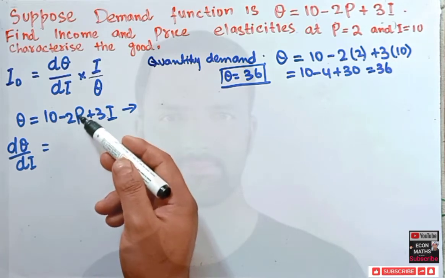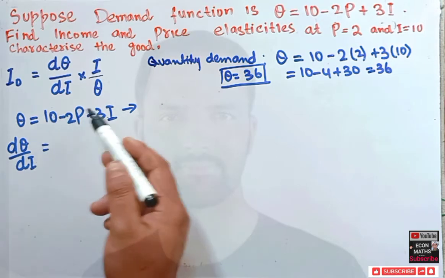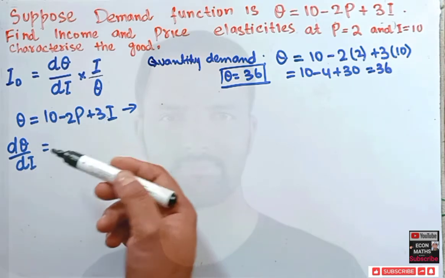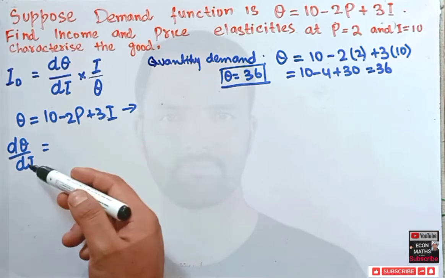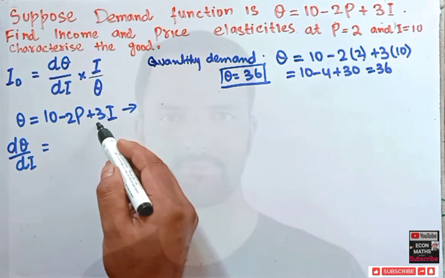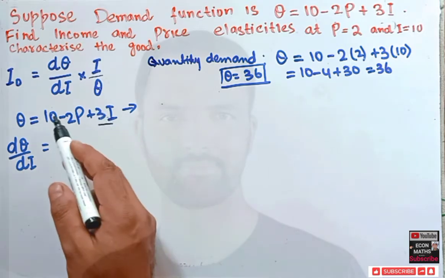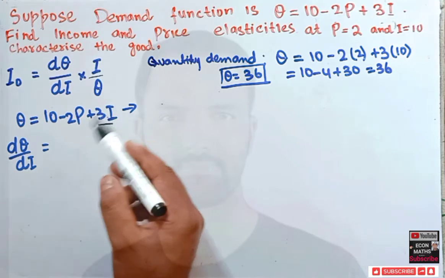In the second term no I is involved because we are differentiating with respect to income. So the first two terms are devoid of any I variable. We will differentiate this last term. The derivative of I is 1, so we are left with 3 into 1 is 3.